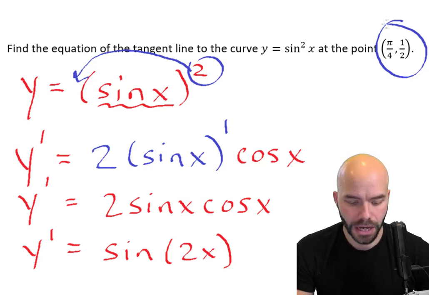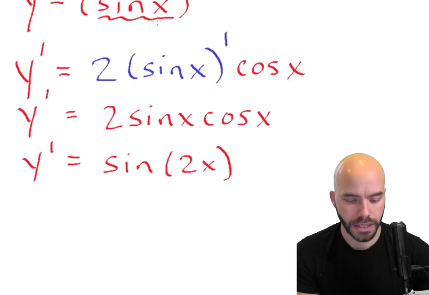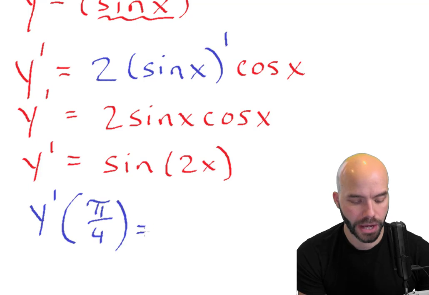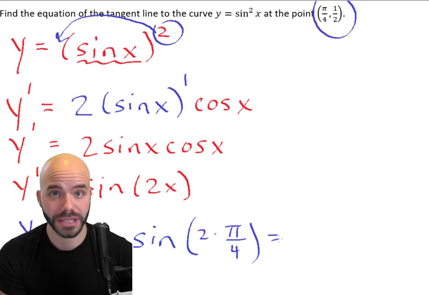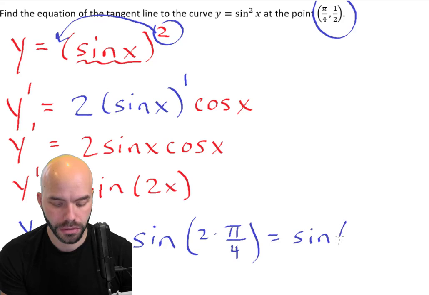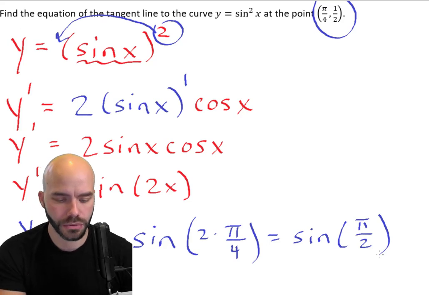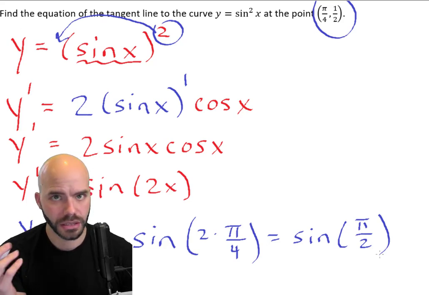So if I take pi over 4 and plug it into y prime, I'll have sine of 2 times pi over 4, which is equal to sine of pi over 2. And we want to find sine of pi over 2. So let's just sketch a unit circle.